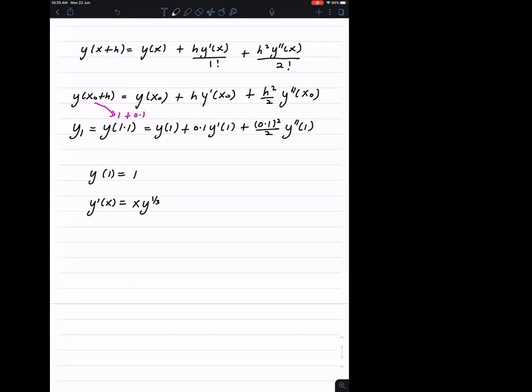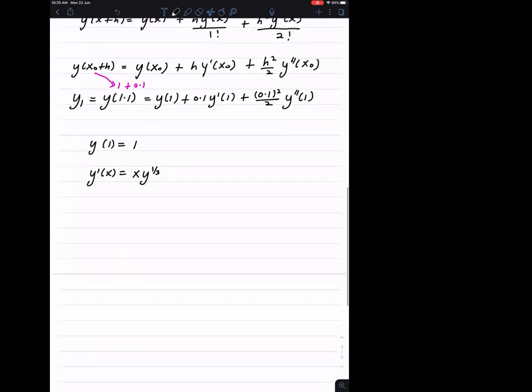Okay, so this is the formula. Now you substitute y1, x is 1. Please note that the y here is the same as y(x).